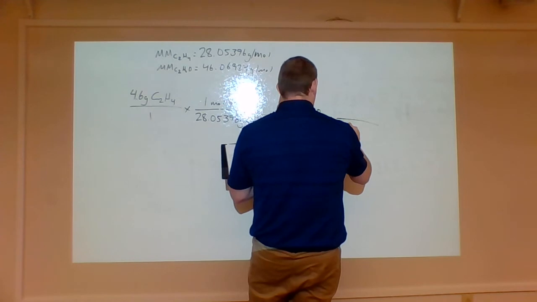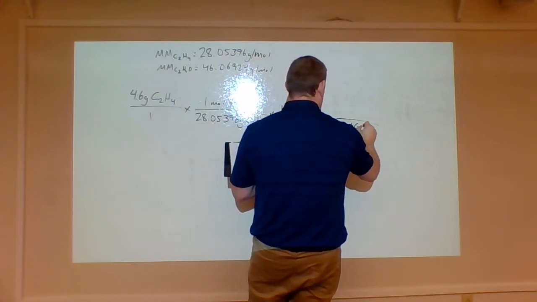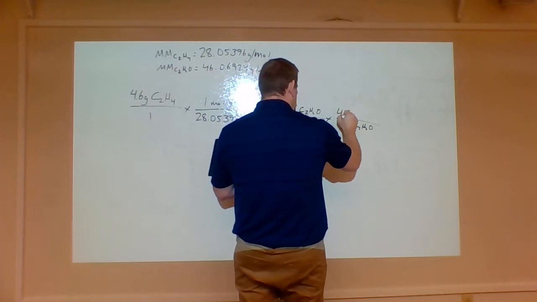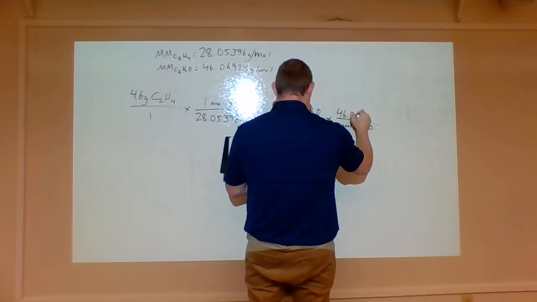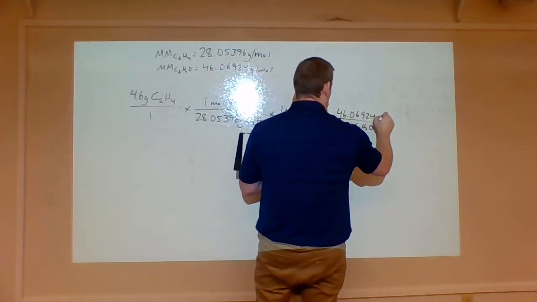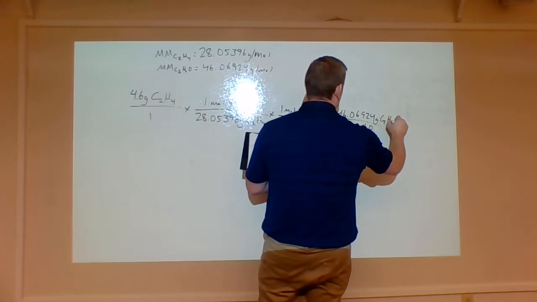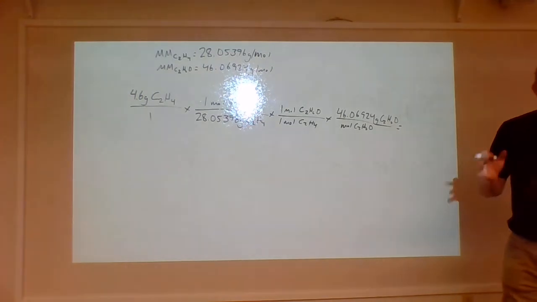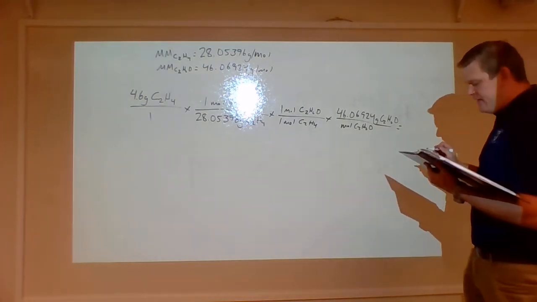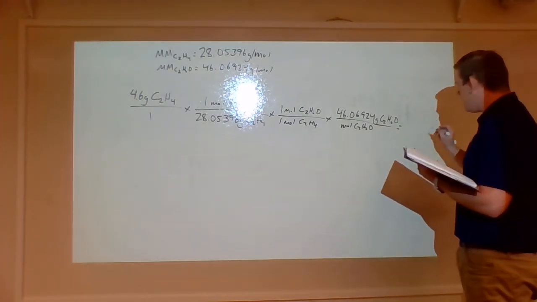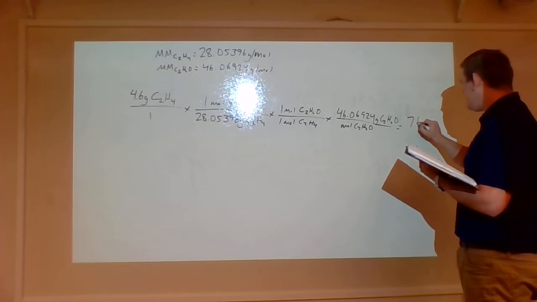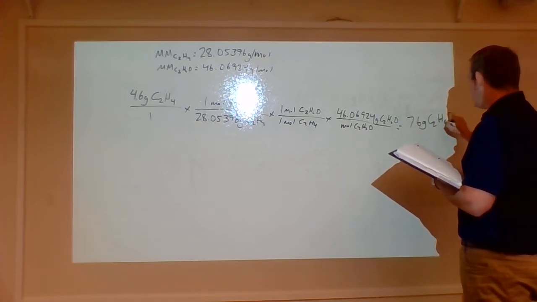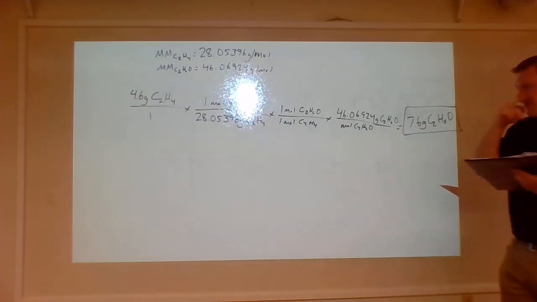For every 1 mole of C2H6O, you have 46.06924 grams of C2H6O. You can see all of our units are canceling out, and we get a final answer for our theoretical yield of 7.6 grams of C2H6O that we expect to find.